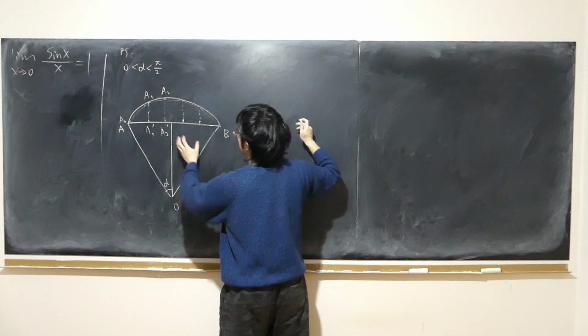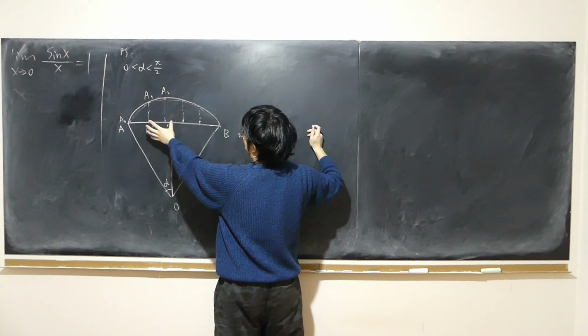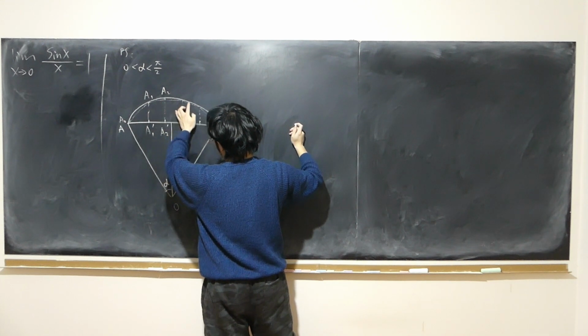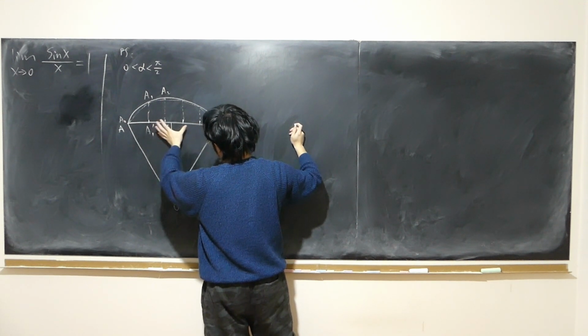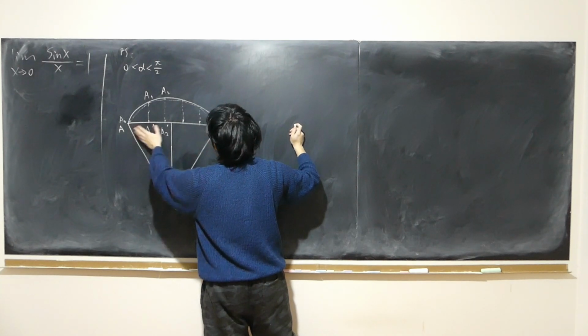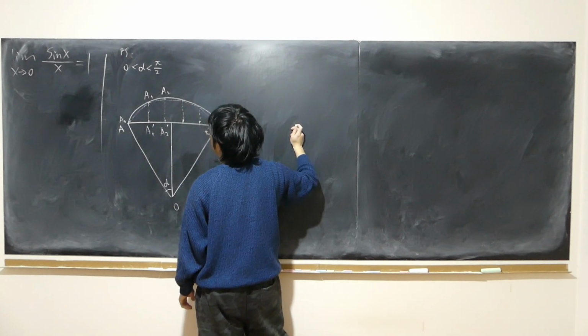So in the end, my purpose is to show that the length of the sum of these line segments is bigger than line segment AB.